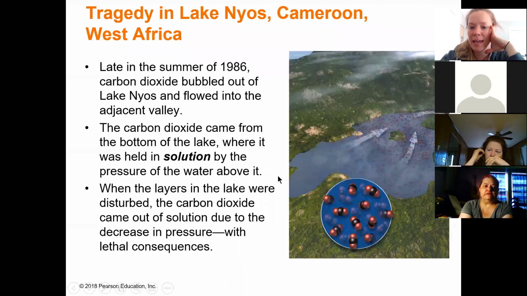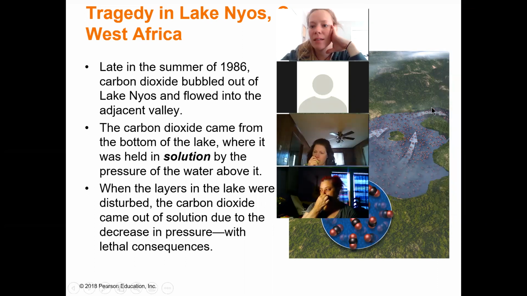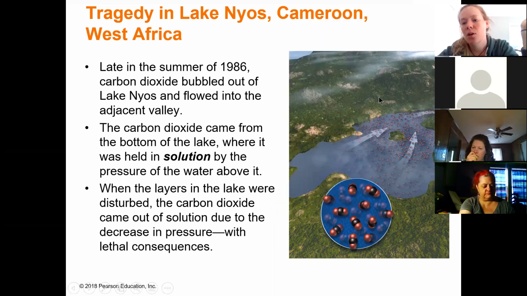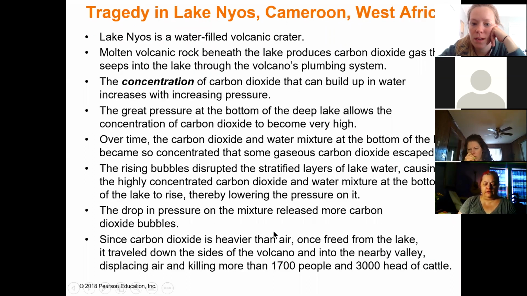And this lake was sitting at the top of a hill. So the CO2 came out of solution and then it rolled down the hill because CO2 is denser than oxygen or nitrogen in the atmosphere. So it rolled down the side of the hill. CO2 is normally relatively unharmful to humans, except if it's in high concentrations.